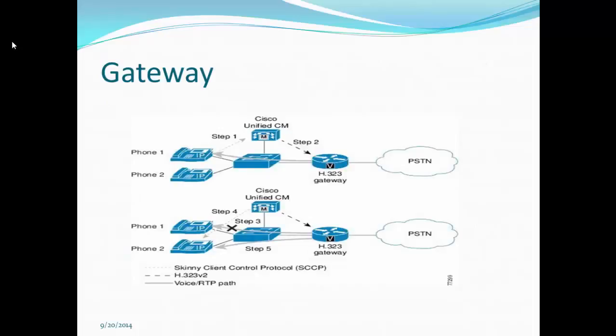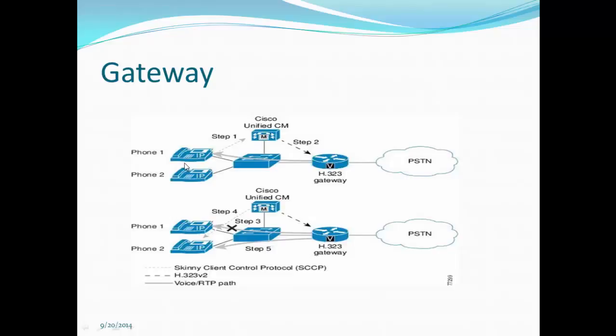If you look at the next slide, you see an example of a gateway here. Here is an H.323 gateway. You have a PSTN, and this is your voice over IP. In between here, this is the Cisco Call Manager or Cisco Call Manager Express.